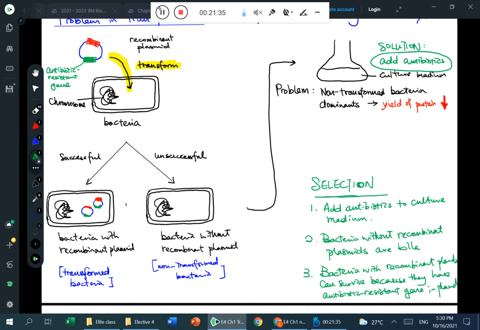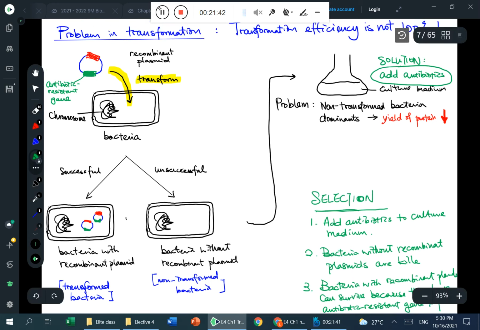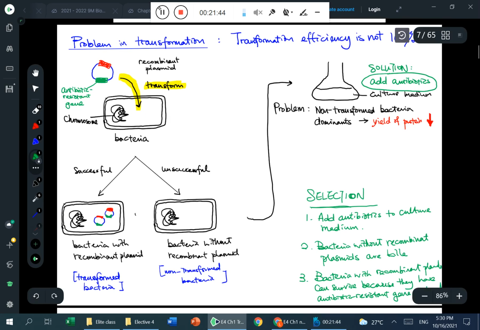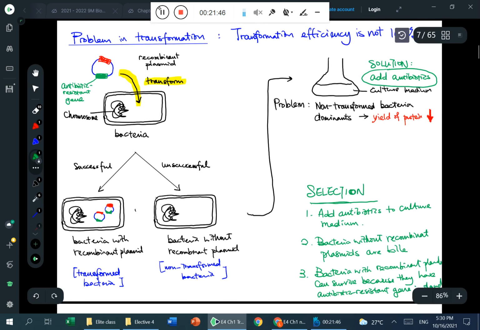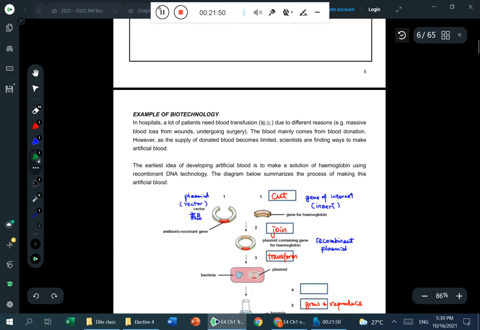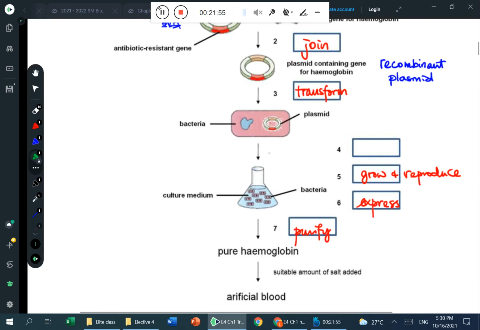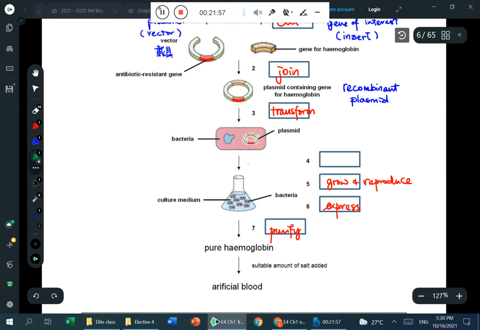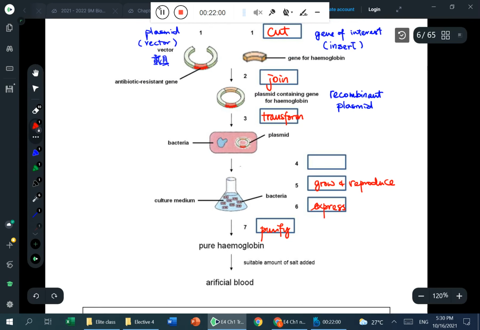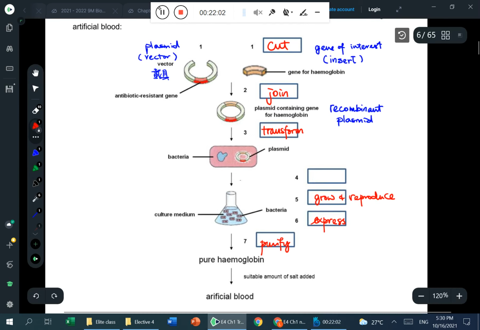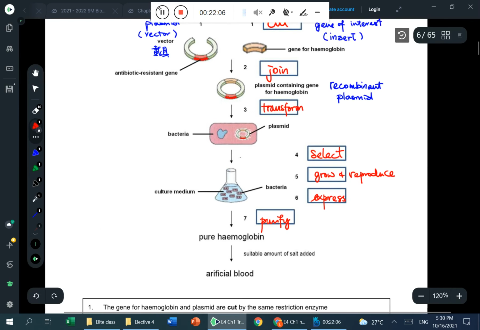So by adding antibiotics, the transformed bacteria will be selected. So what's the advantage? It can greatly improve the yield of protein. So step 4 is to select. Okay?